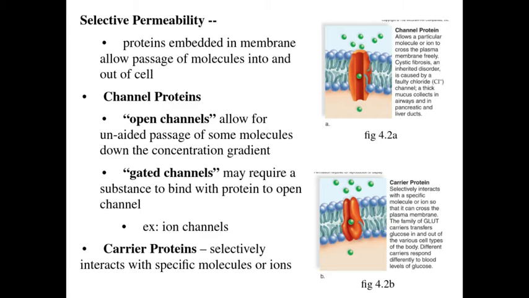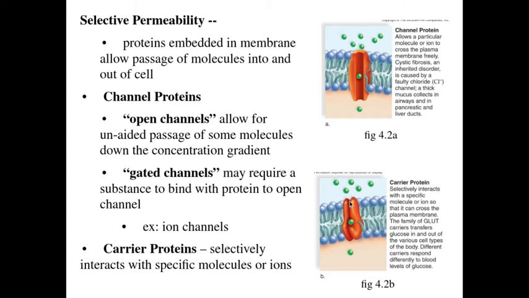And so what happens with cystic fibrosis is these channels, they don't open and close properly. And so these ions don't get across properly, and that causes mucus to get stuck in airways, which makes it extremely difficult for these individuals to breathe. And it can also get stuck in pancreatic and liver ducts, causing digestion issues as well. Okay. So that would be a case in which those channel proteins aren't working properly, and that causes problems.